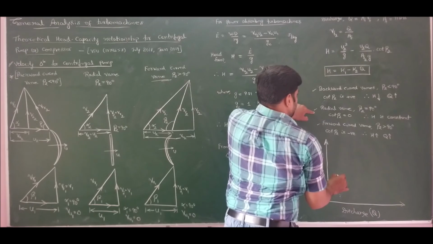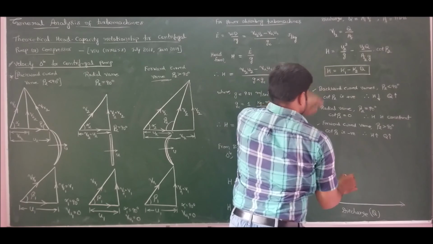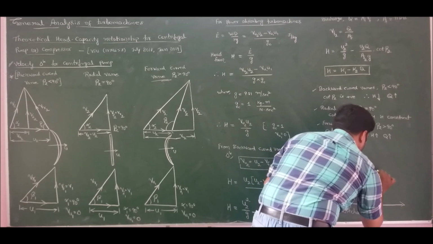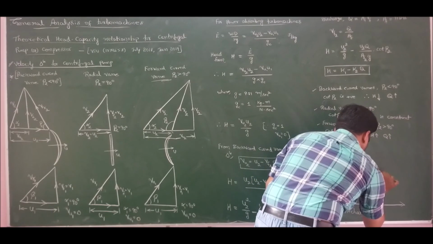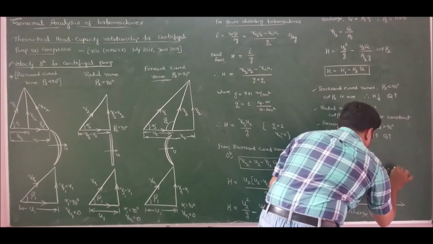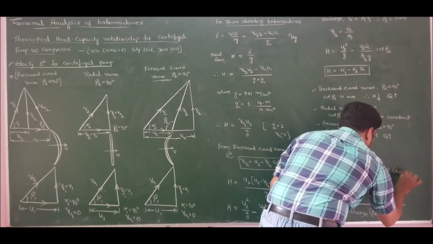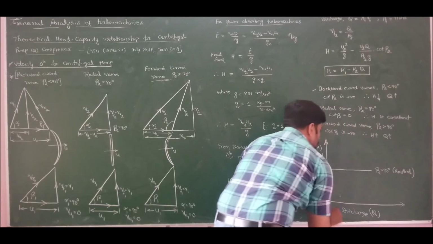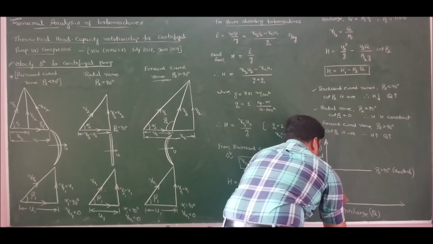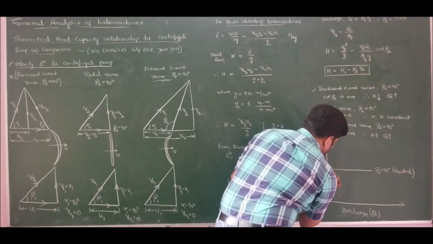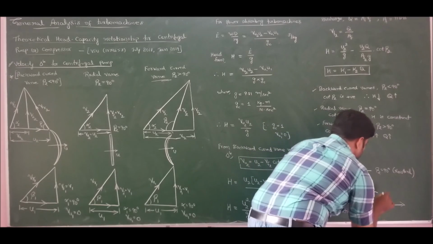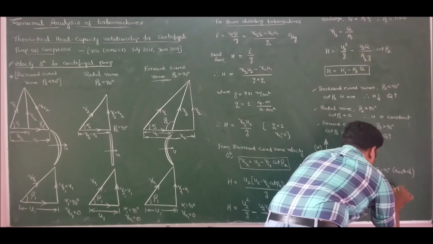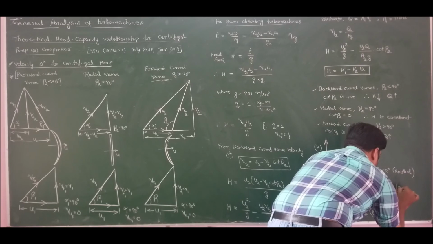Here H is constant, that is U2 square by g, which is termed the shut-off head. This is for beta 2 equal to 90 degrees, the neutral case. For beta 2 less than 90 degrees, we have a decreasing curve.